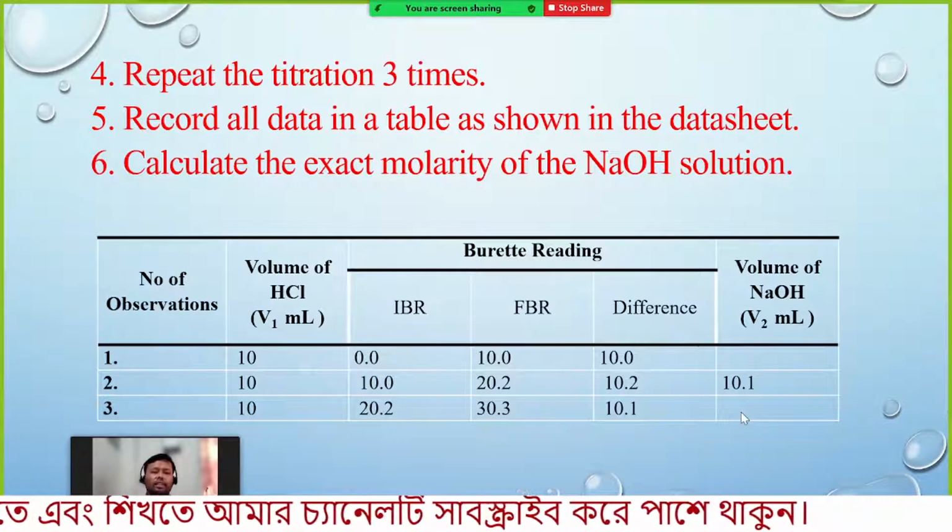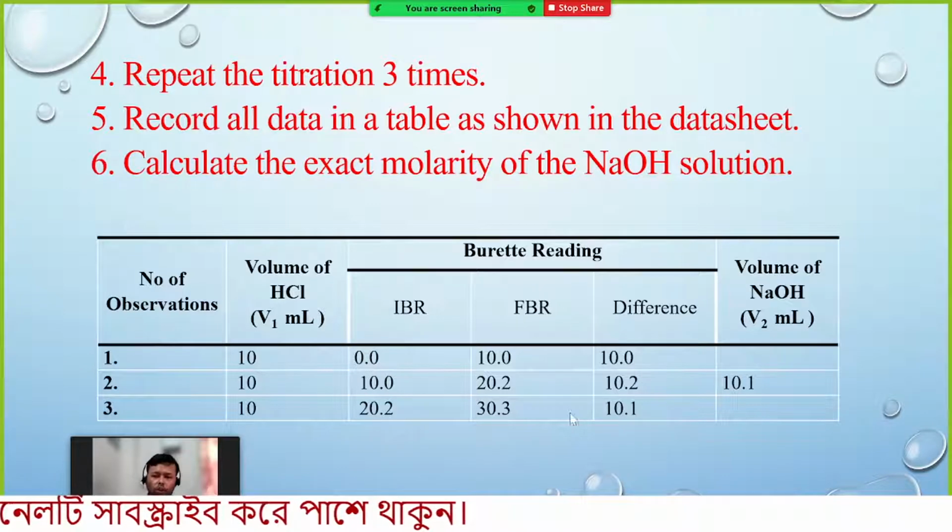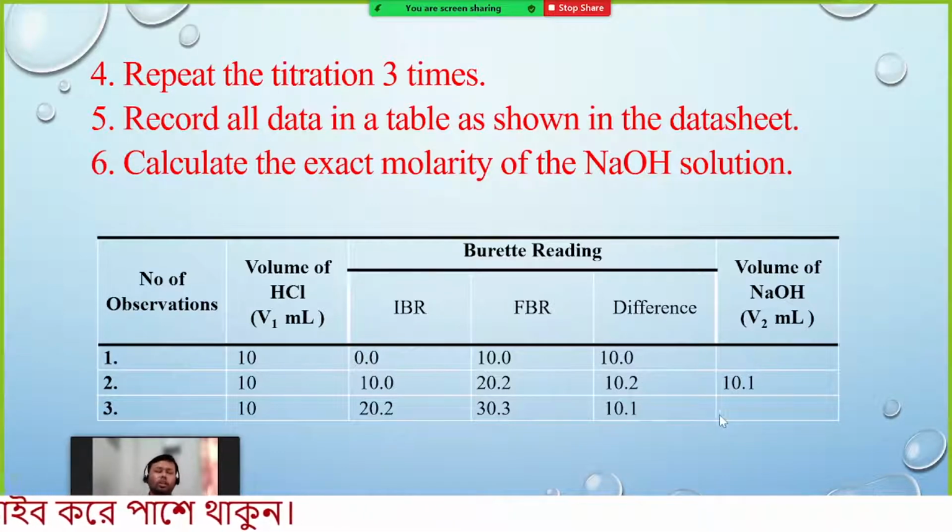So get the average volume of sodium hydroxide you have needed from the burette. From the average of this difference, we are getting 10.1 ml.